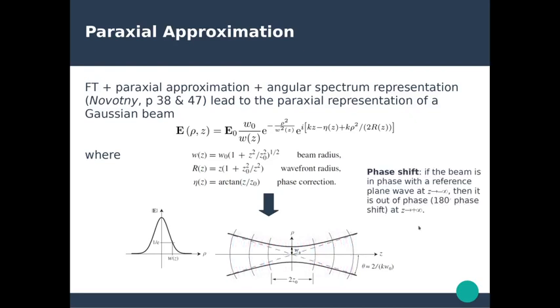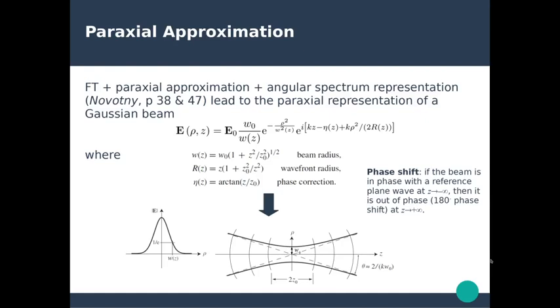Something which is also very important is that there's a phase shift that occurs when this Gaussian beam propagates. If you start close to z approaching negative infinity, and you launch both a Gaussian beam and a plane wave in phase, by the time they reach z equal to infinity, they become out of phase by 180 degrees.